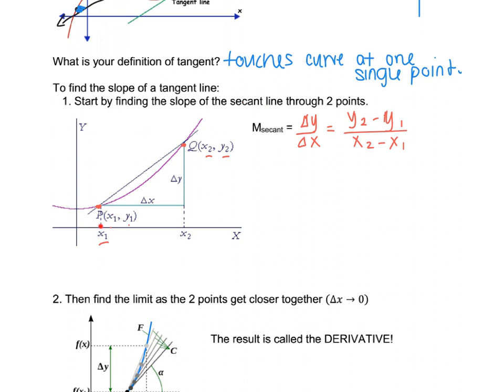But now let's see what else we have here. We've got this delta x and this delta y. Remember, delta is a Greek letter that in math we use to represent change. So from this x1 to this x2, there is a change in x. We're just using delta x to represent the difference between x1 and x2.